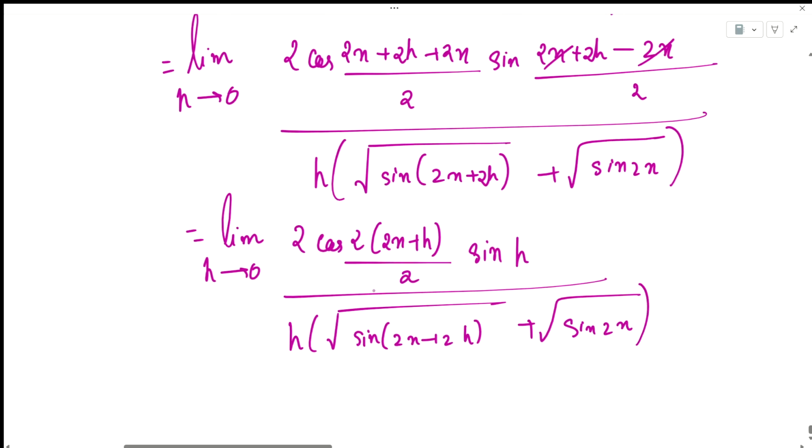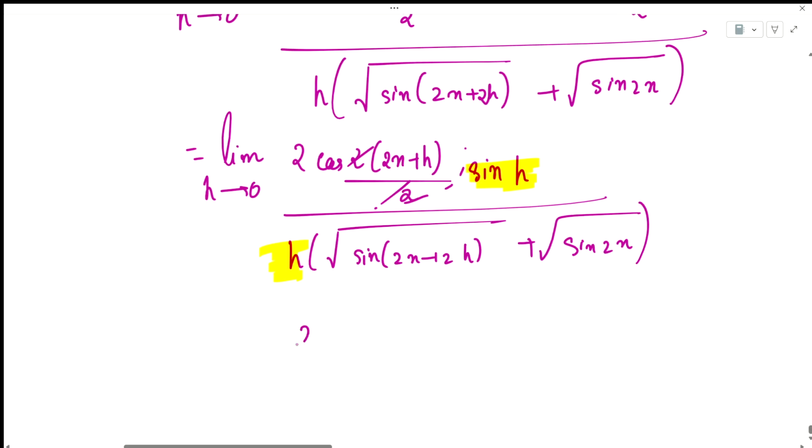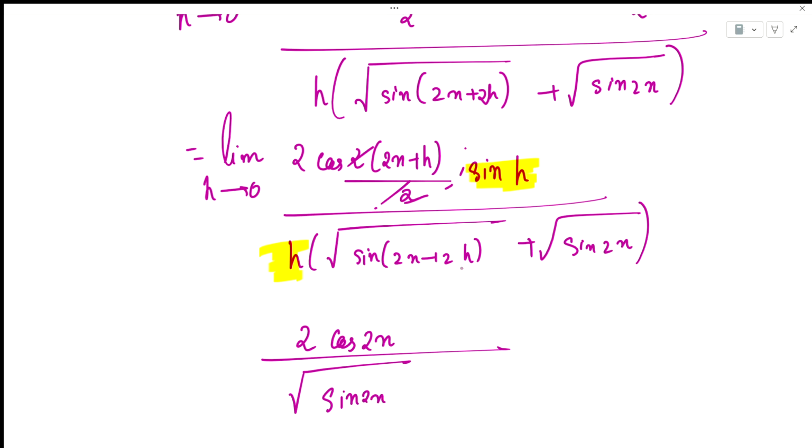Now 2 and 2 cancel out. Sine h upon h, this part over here, gives me 1. Then we have this 2 over here, cos of 2x plus 0, which is simply cos 2x. Then this will be square root of sine of 2x plus 2h, and since h is 0, that is sine 2x only, and again square root of sine 2x.